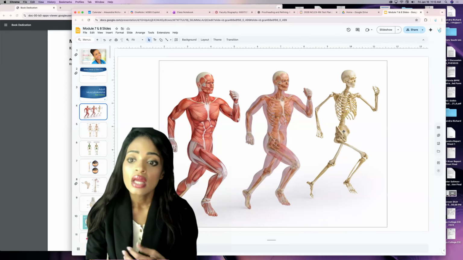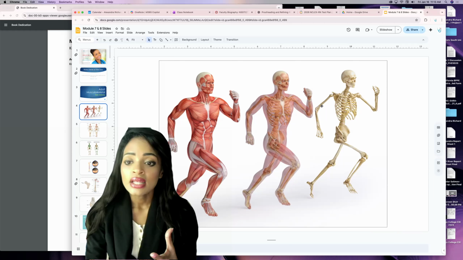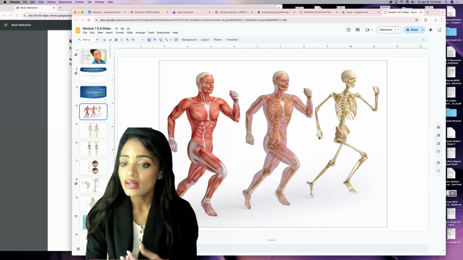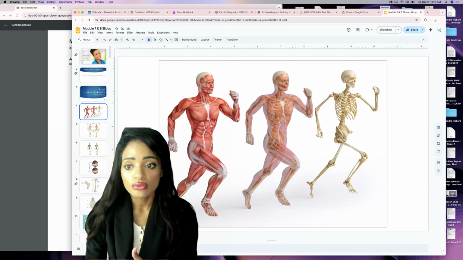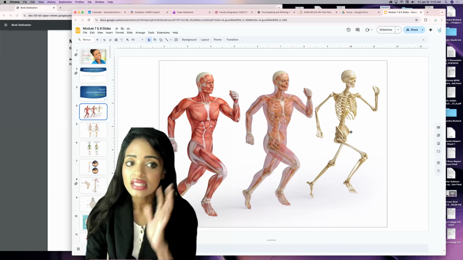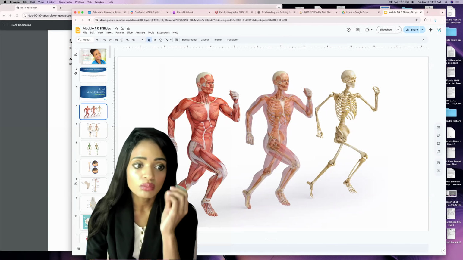Your pelvic girdle protects your reproductive organs, and your bones provide a framework for your muscles to attach. And you need your muscles for you to move, right? So, musculoskeletal, the skeletal provides the framework and structure, and the muscles provide you with the ability to move.